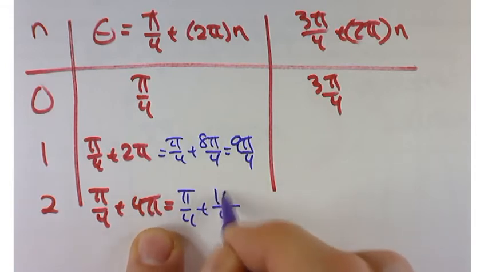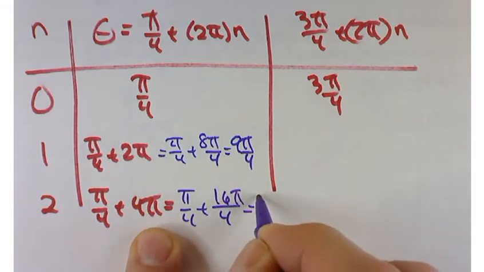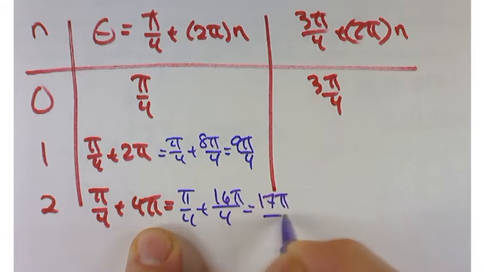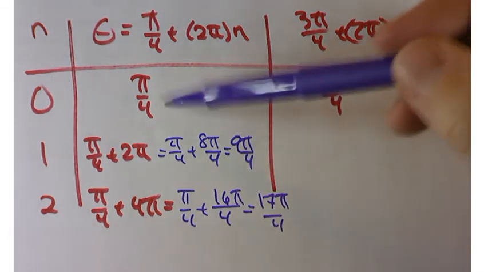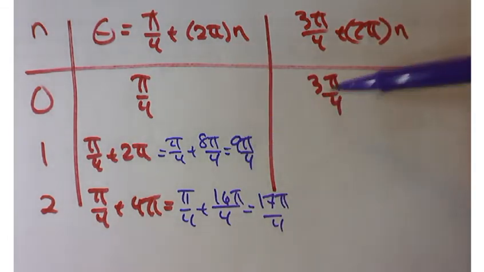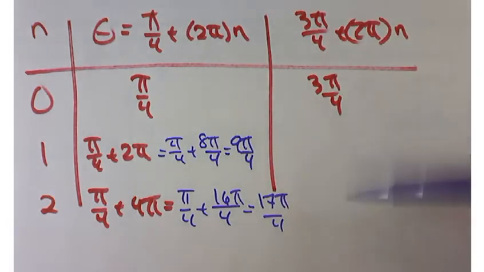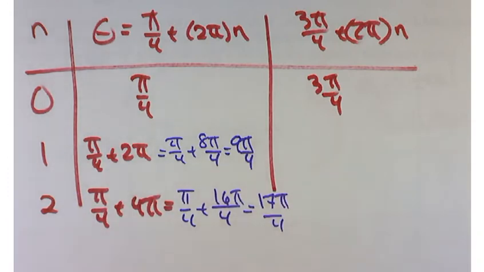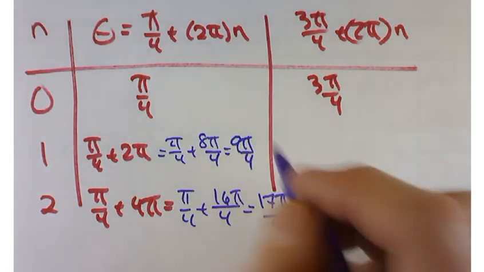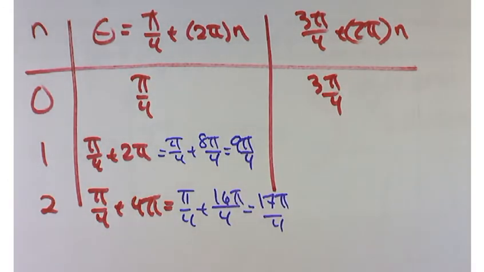Yes, 16 pi over 4 for a total of 17 pi over 4. So I've got 1, 2, 3, 4 solutions. I need 2 more. I'd probably go over to this column. And you can keep going with this. You can do 3, 4, 5, whatever you want. Just list 6 solutions. These are probably the 6 that you would see on my answer key.